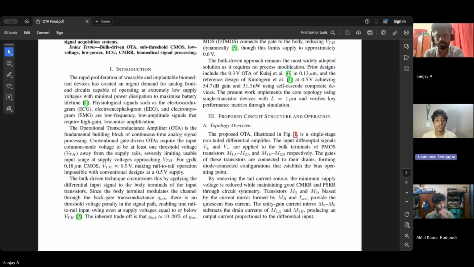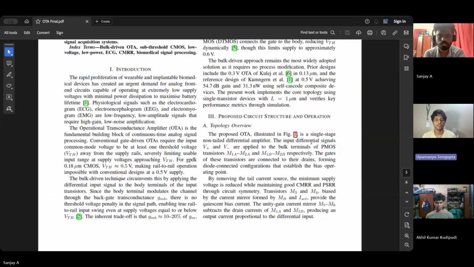Engineers have tried several approaches to solve the low voltage input problem. Let me quickly walk through them. First, we have floating gate transistors. These allow the effective threshold voltage to be programmed electrically. Clever, but they require UV light to erase, which is not practical in most production flows.